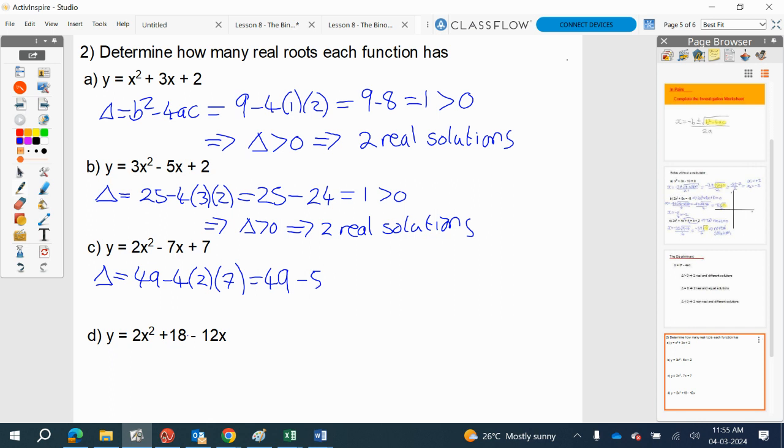Minus 56. What's 49 minus 56? Negative 7. This is less than 0, which implies the discriminant is less than 0, which implies no real solutions.